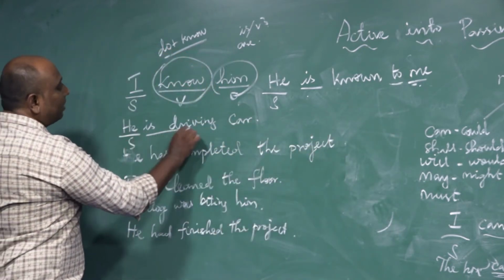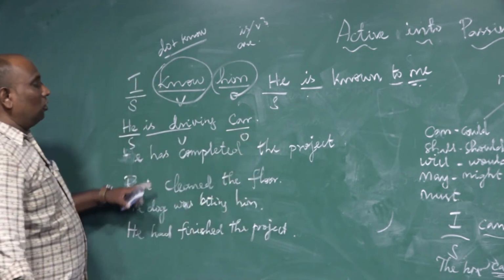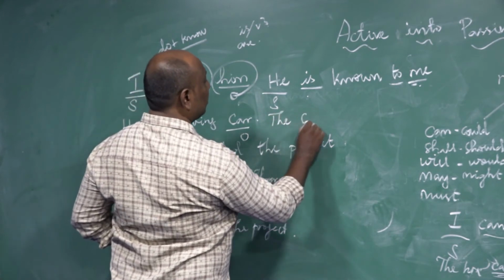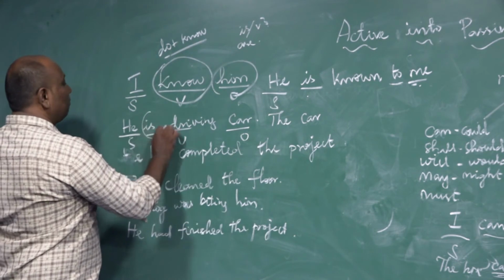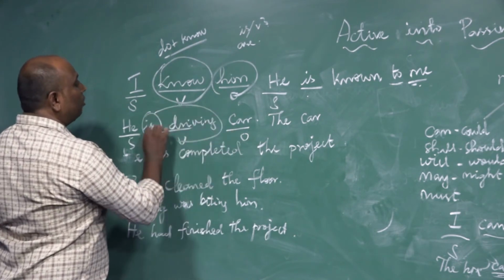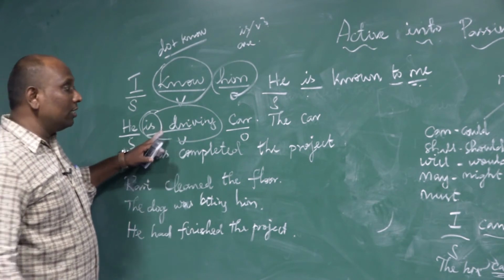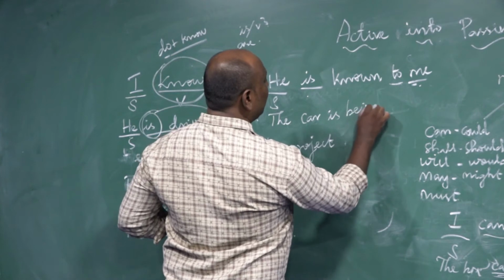So look at the next sentence. He, the subject, is driving, the verb, the car, the object. So the car will come into the subject place: the car. Is plus verb plus ing denotes active voice and shows the present continuous tense. For passive, what is required is is being or am being.